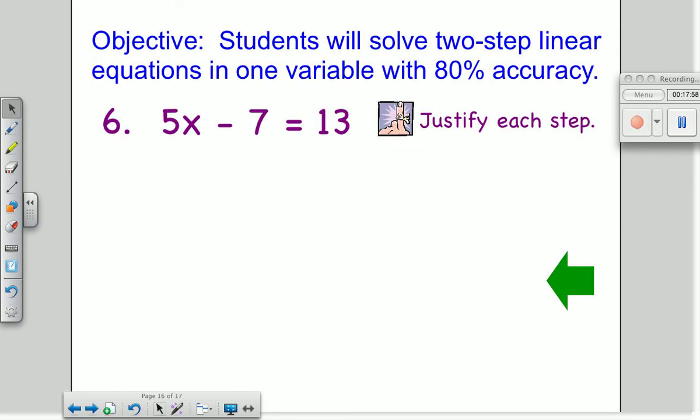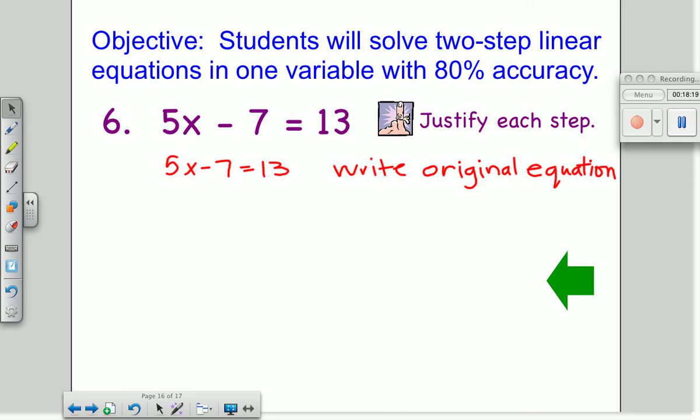Last one. 5x minus 7, and this time we're going to justify each step. So, we write the original equation. Write original equation. Next, we're going to add 7 to each side. So we have 5x minus 7, then we're going to add 7 equals 13, and we're going to add 7 here.